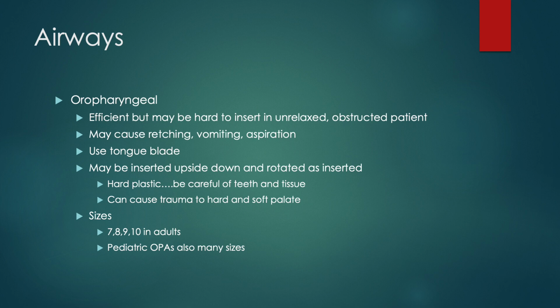The 50s, 60s, and 70s are pediatric airways. Very rarely will a green airway, like a tiny one, be useful in an adult. You want a properly sized airway. Once again, if they're clenching their jaw and have intact gag reflexes, they may retch, they may vomit, they may aspirate. Pediatric oral airways are great because kids have such a large tongue.